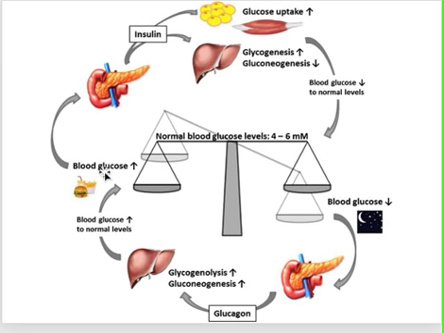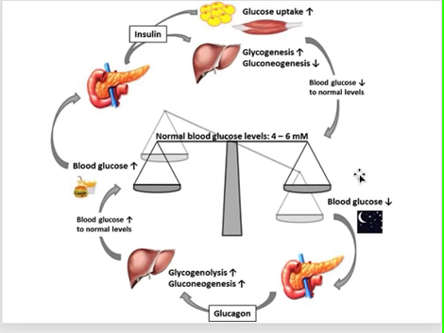And your glucose will now be stored as glycogen. And when the glucose is stored as glycogen, your blood glucose levels will go back to normal levels. We don't want your blood sugar to be always high. Of course, that could cause problems for the body. So we want your blood glucose levels to go back to normal.